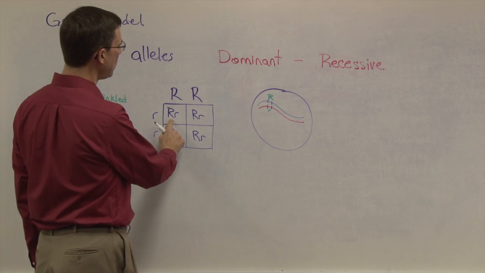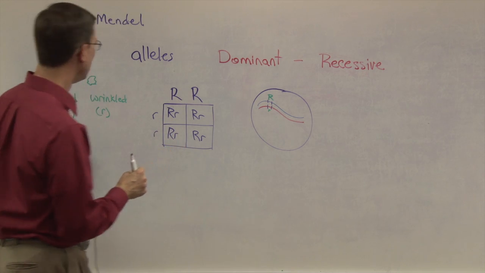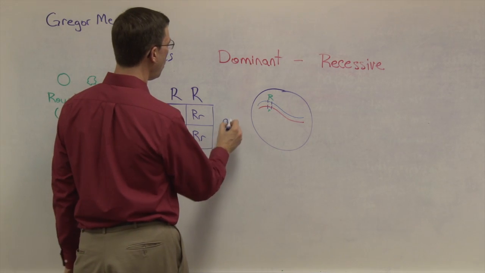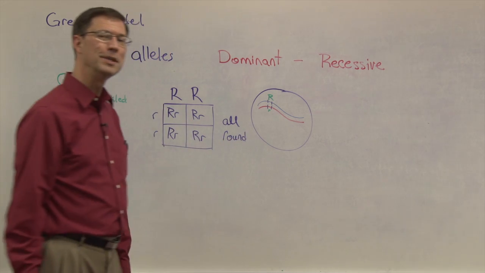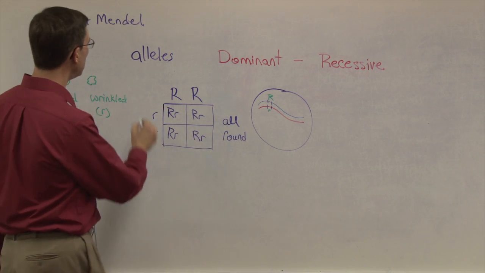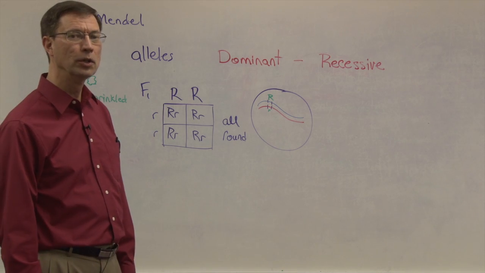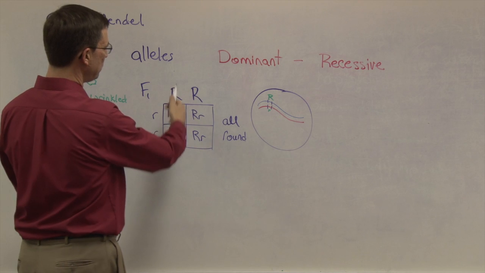The capital R tells us, again, that the dominant trait, which in this case is the round peas, is what's going to be evident. So all these plants produced round peas. We call this the F1, or the first filial generation. The first generation of plants from this crossbreeding.